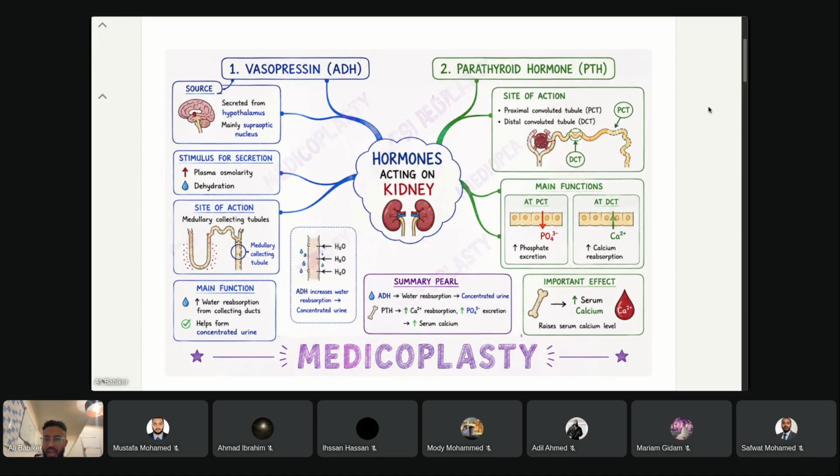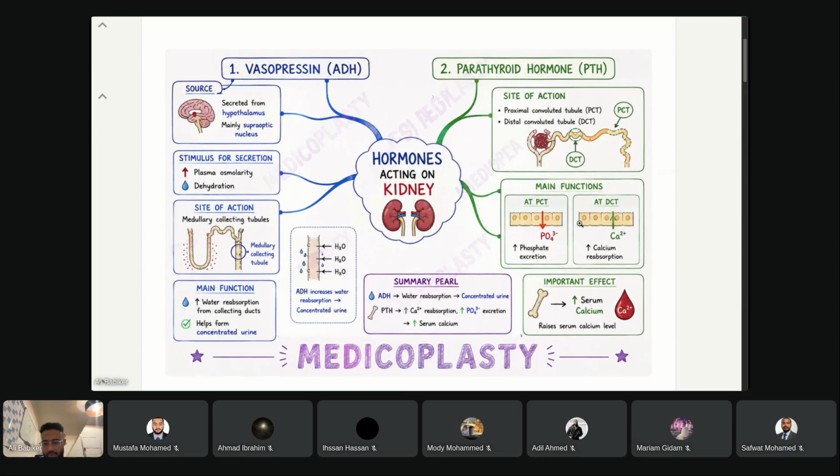Second one, parathyroid hormone. Site of action: proximal convoluted tubules and distal convoluted tubules. The main action at the proximal convoluted tubules leads to phosphate excretion. In the distal convoluted tubules, it leads to calcium reabsorption.